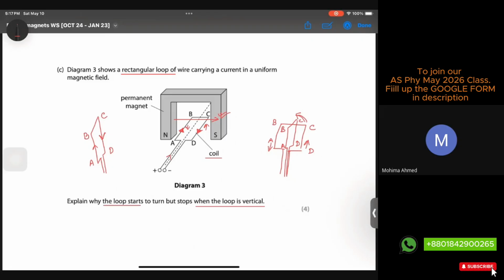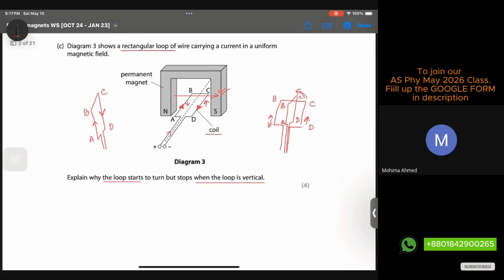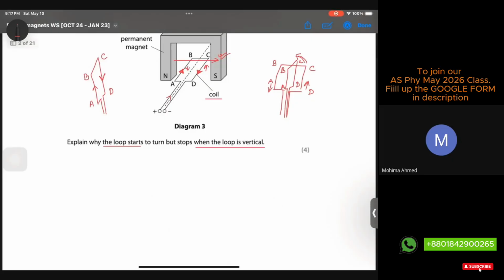Is this clear? Any questions from this part? No. So we just have to write, first, why would the loop start rotating when it is in the horizontal position?